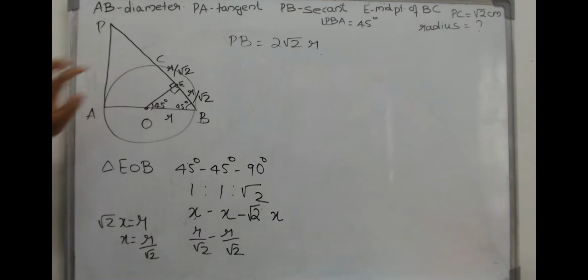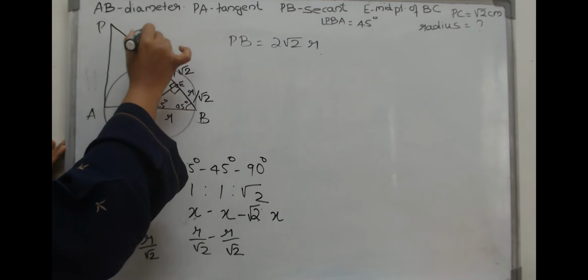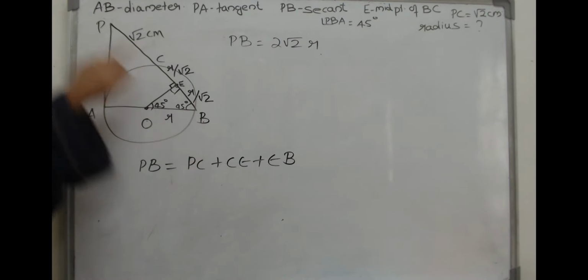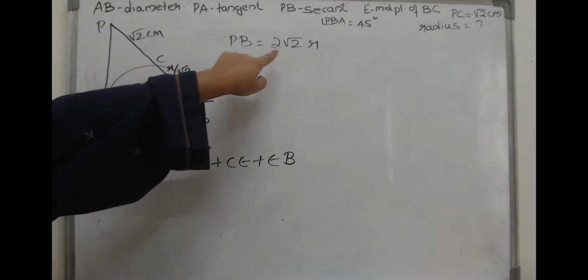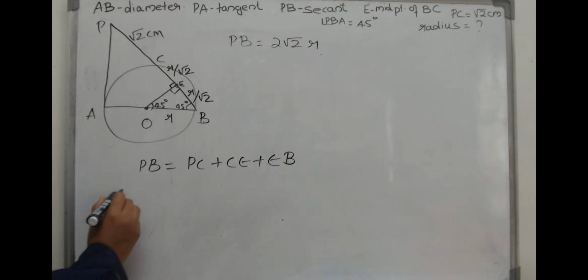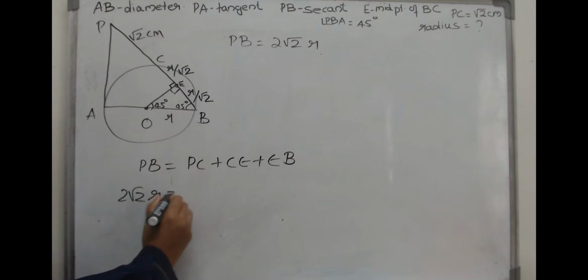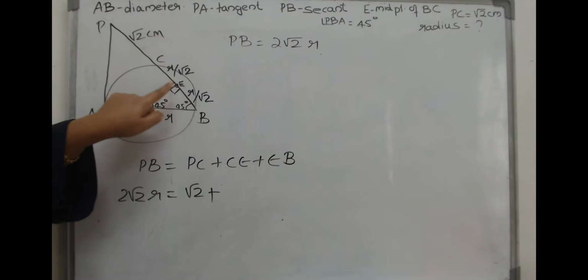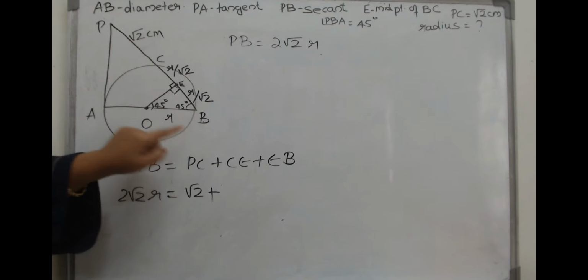What about PC? It is given as root 2 centimeters. It is given in the question. Now, what is PB? The whole of PB, we found that it is 2 root 2 r. And PC is given as root 2. What about CE and EB? Add both of them.